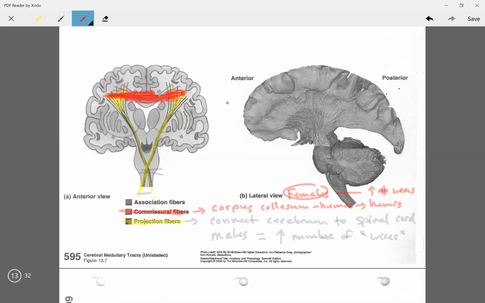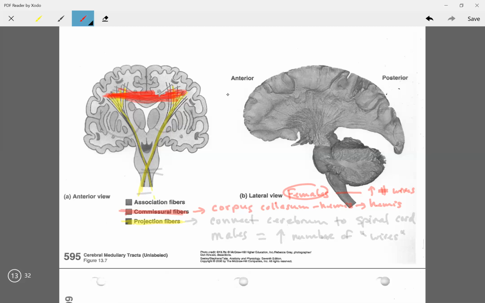the corpus callosum, which is hemisphere to hemisphere, can allow for more multitasking ability, and the projection fibers allow for more focused and compartmentalized abilities. Now, obviously, there's exceptions to the rule, right?